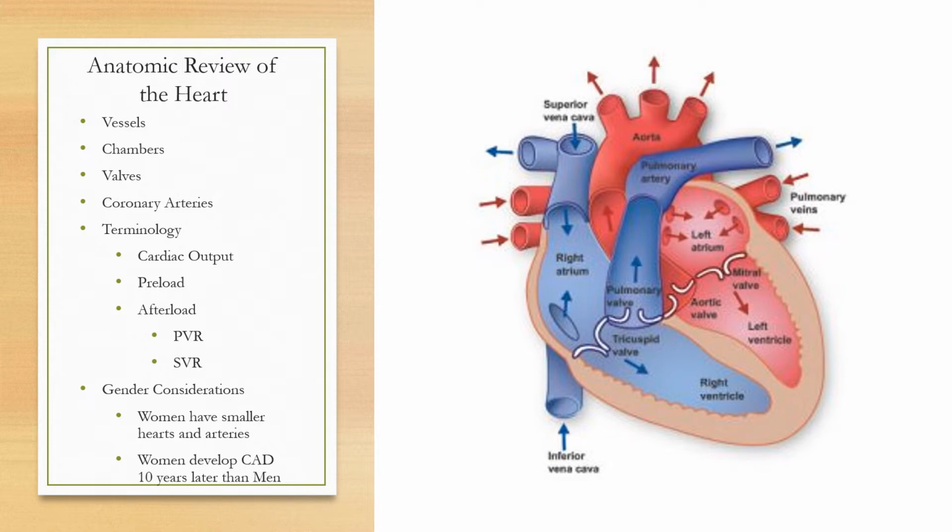Okay, and we care about that because there's some drugs that can lower the preload. There's some drugs such as nitroglycerin that can vasodilate the veins and really reduce the blood that's returning to the right ventricle and reducing the preload.